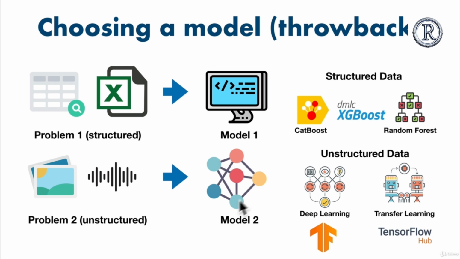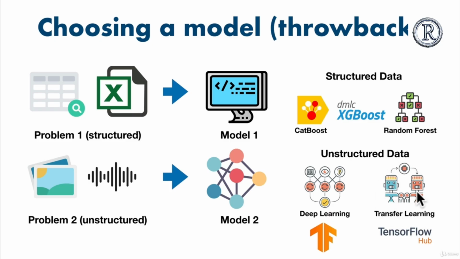This is kind of what you'll see if you Google up neural network. And now these types of models, deep learning and transfer learning, work much better on unstructured data like we've just talked about. And so TensorFlow is what we can use to build deep learning models. And TensorFlow Hub is where we'll be going to use transfer learning, aka taking what one model knows and using it in another model.